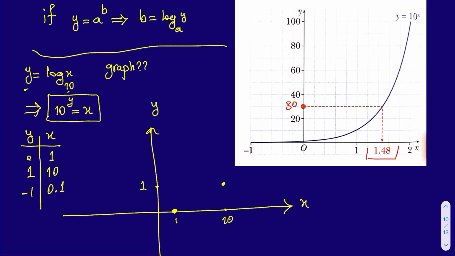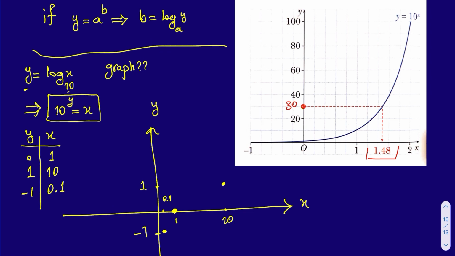Here is the next one. And the third one, y is negative 1 and x is 0.1, which is somewhere here. So this will be the next point.